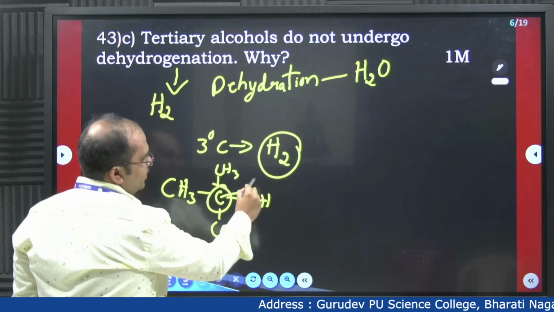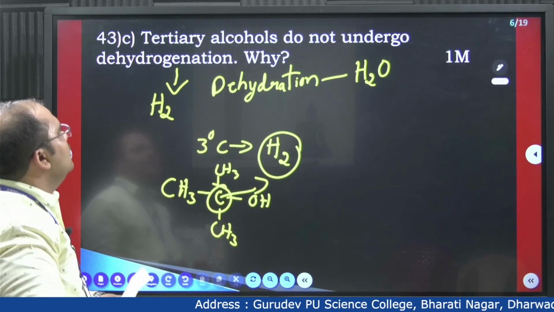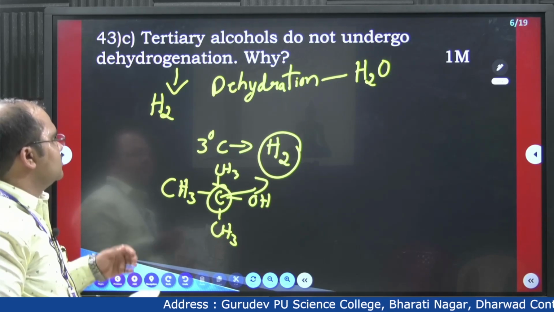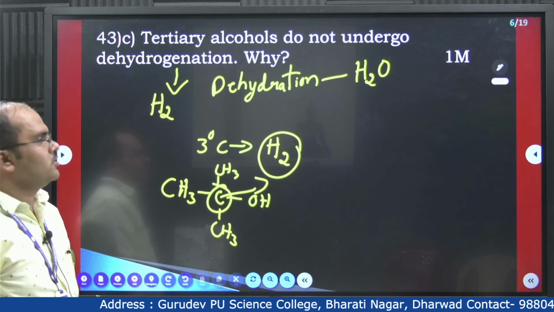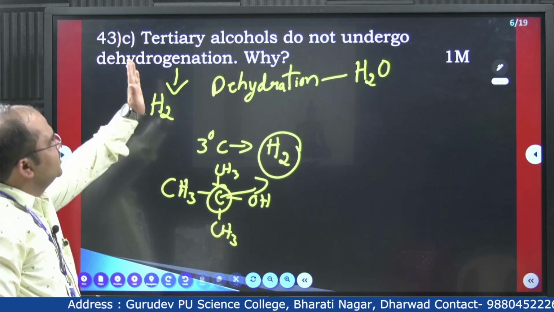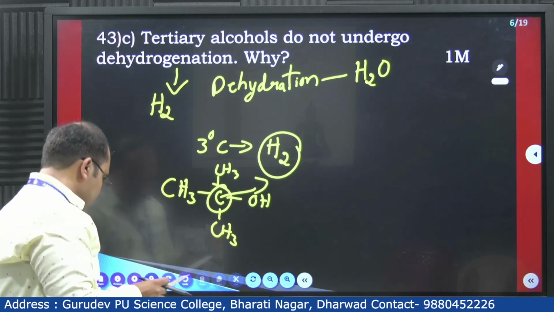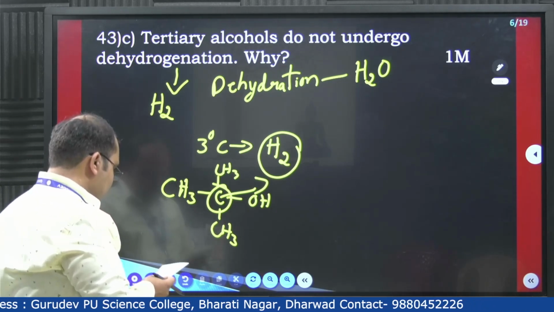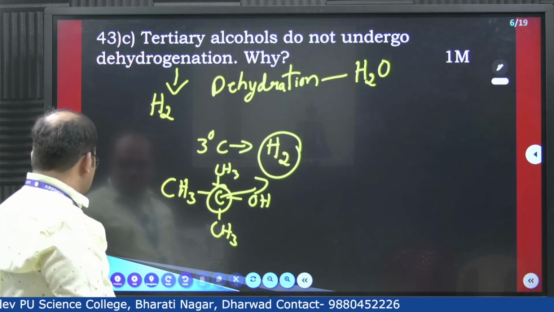It does not contain a hydrogen atom, hence this tertiary hydrogen is not present. So tertiary carbon atoms do not contain hydrogen atoms, hence tertiary alcohols do not undergo dehydrogenation.